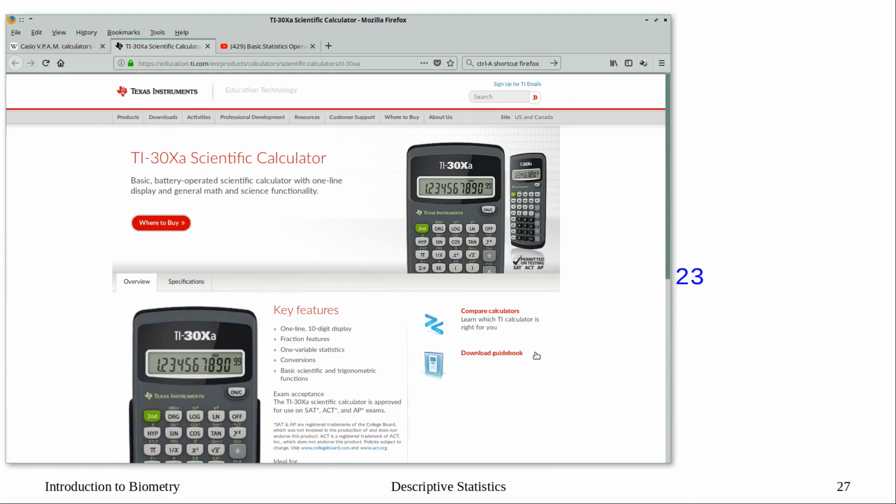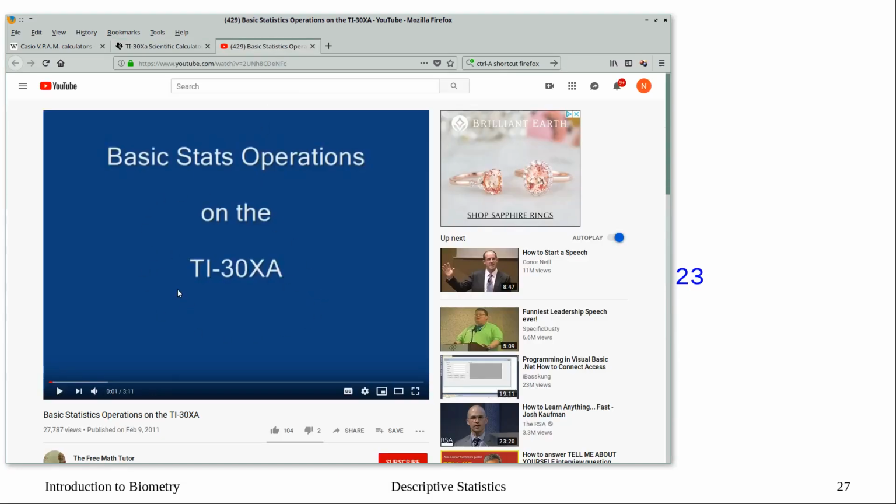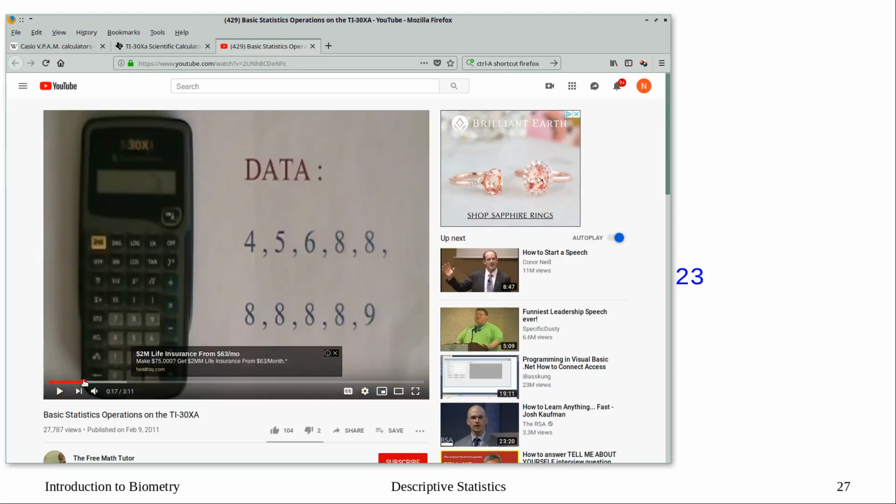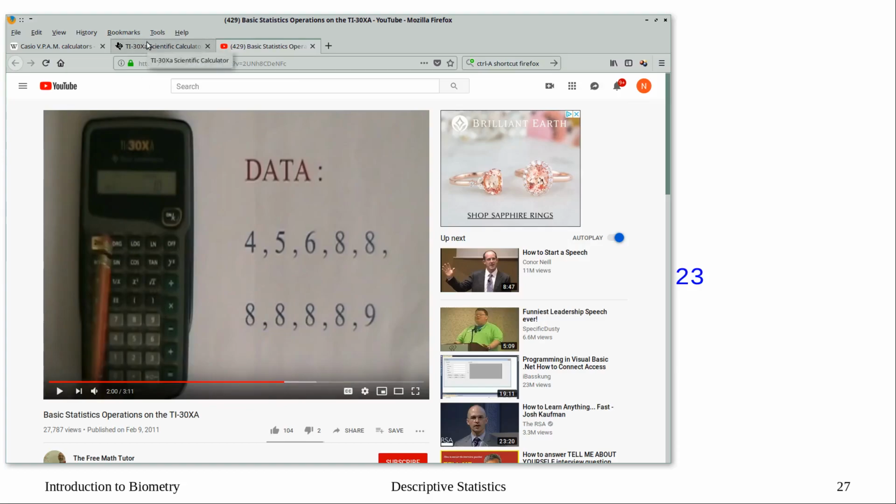Well, you can download the guidebook or check YouTube. Here's a video that describes the basic statistical operations, how to input data, and then how to calculate different types of summary statistics. It shows you button by button, so you can follow along and learn as you go.